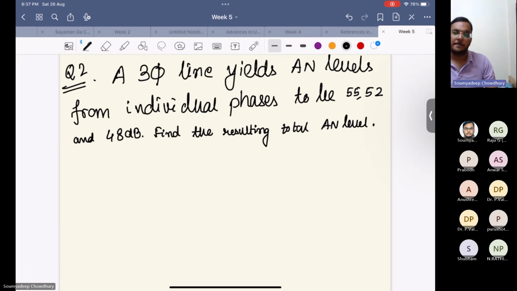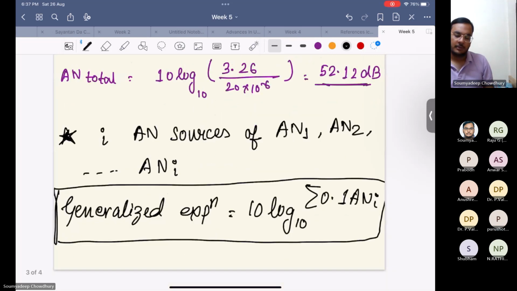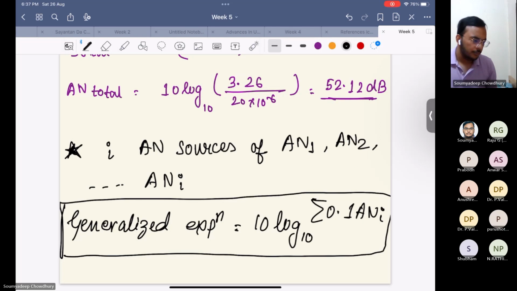Mr. Purushottam? Hello, sir. Yes, can you try this question? Sir, I am trying, sir. 10 log 10, 55 plus 52 plus 48. Check the formula once again. It is 10 log 10 of... one second, into 0.1.